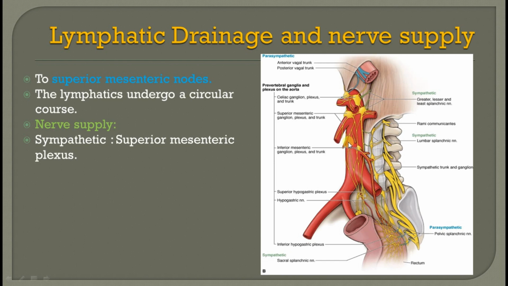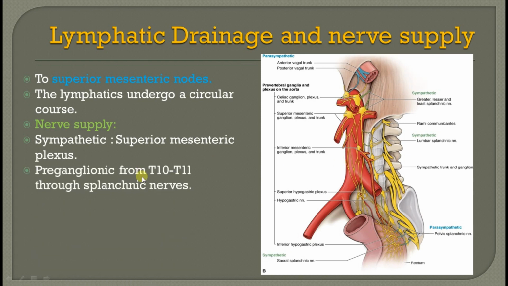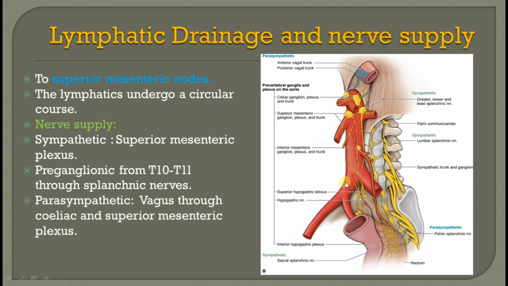From these, what happens? In the sympathetic plexus, the fibers travel around the branches of the superior mesenteric artery and then they pierce the gut and supply the gut wall. Parasympathetic is mainly by the vagus nerves, the anterior and posterior vagal trunks, both of them.